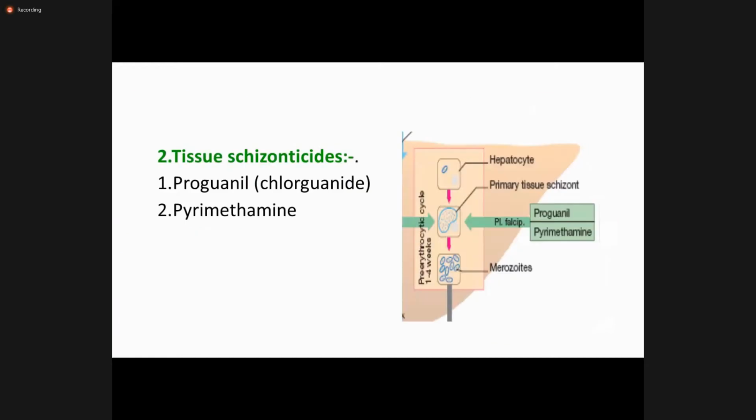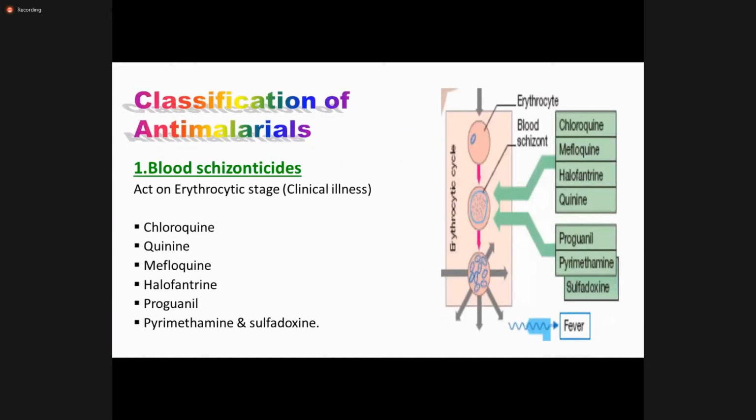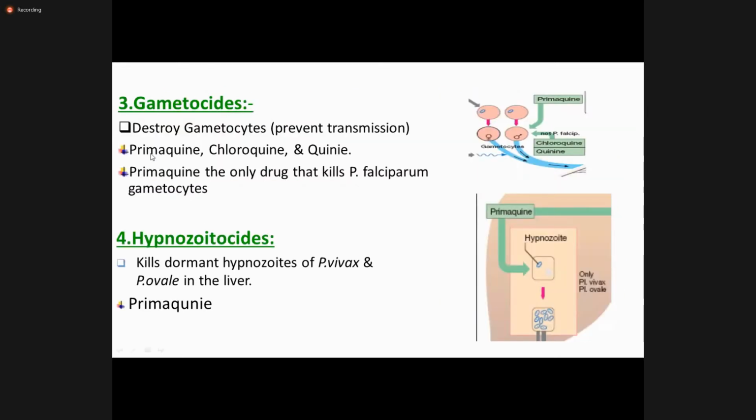The main drugs you have to remember are the blood schizonticides and the hypnozoiticides. I am telling you again and again that you have to eradicate this infection from the body, and the dormant form that remains in the liver, the hypnozoites, causes recurrence of the infection. The only drug that is effective is primaquine.